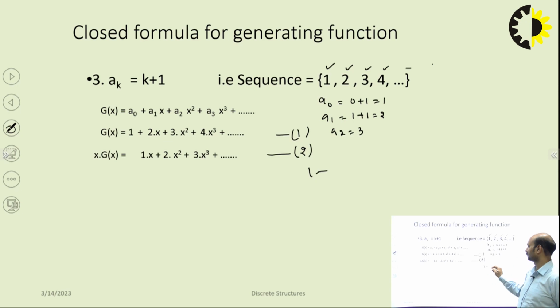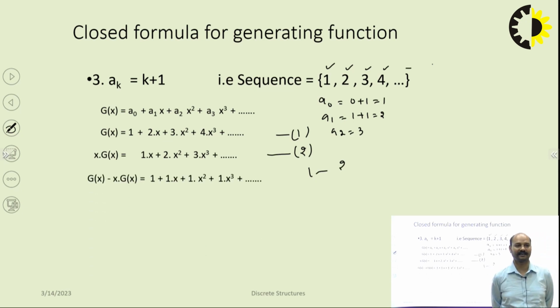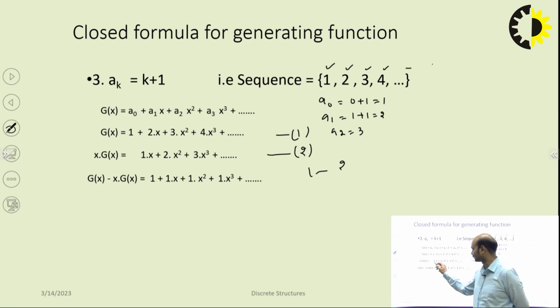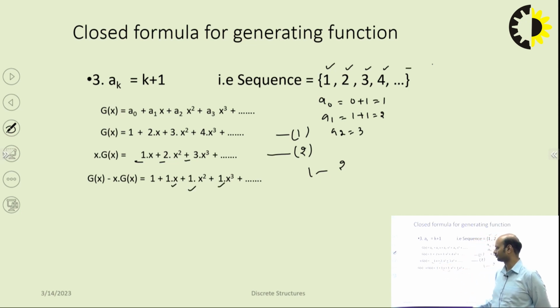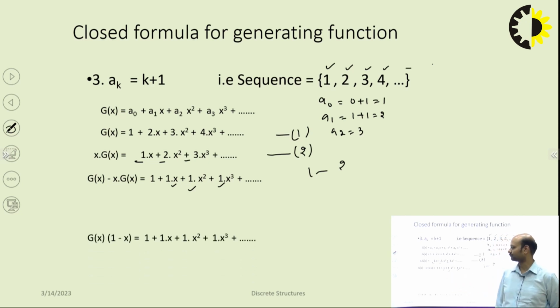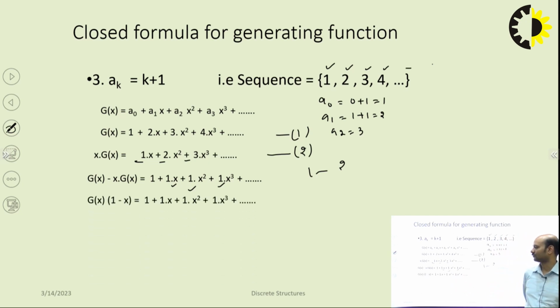That gives g of x minus xg of x. On subtracting, 2 minus 1 becomes 1, 3 minus 2 becomes 1, 4 minus 3 becomes also 1. The series is 1 plus 1 times x plus 1 times x square plus 1 times x cube, which is 1 plus x plus x square plus x to the power 3 up to infinity.